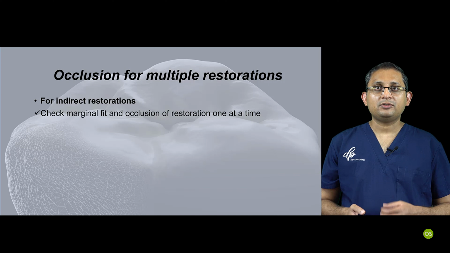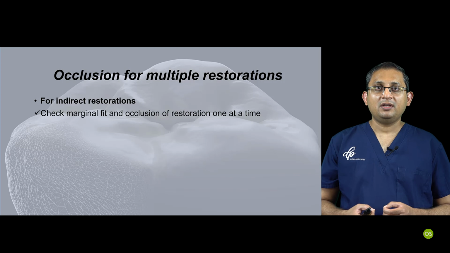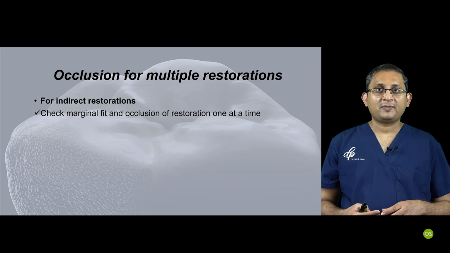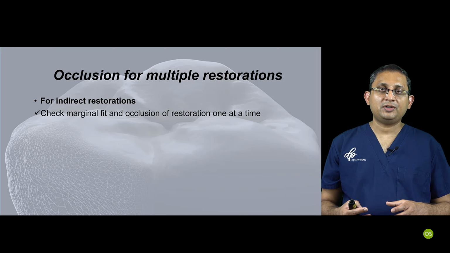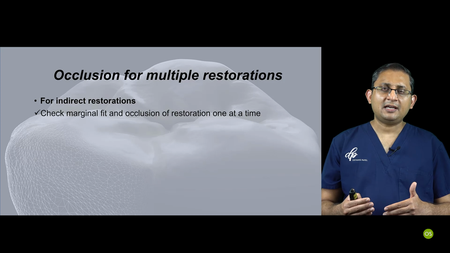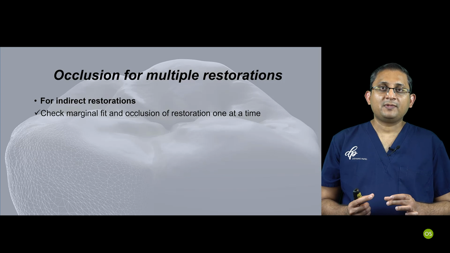And I cannot stress enough that when you're doing multiple restorations, you really need to learn how to check the contact points, because many times the contact point is ever so slightly tight, but it will not allow you to really see that the crown is not seating properly. And you might have a false sense of security that the crown is seating, but by adjusting the contact ever so slightly, you will be able to see that the fitting is much better.